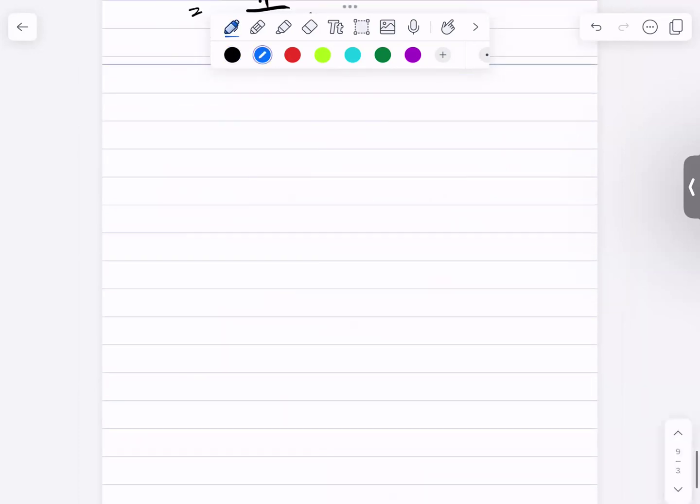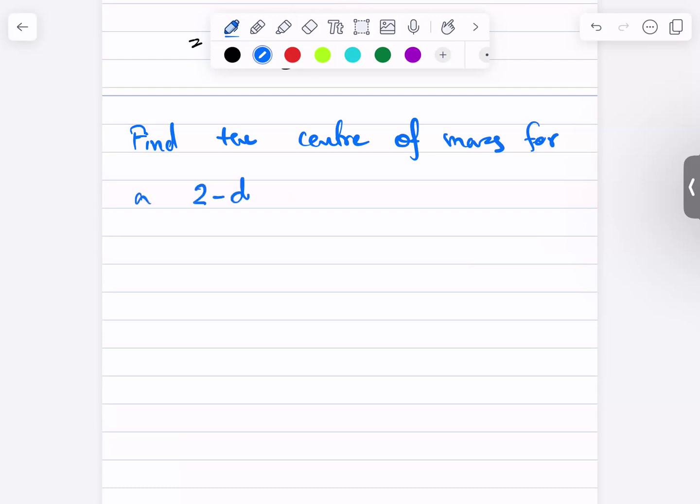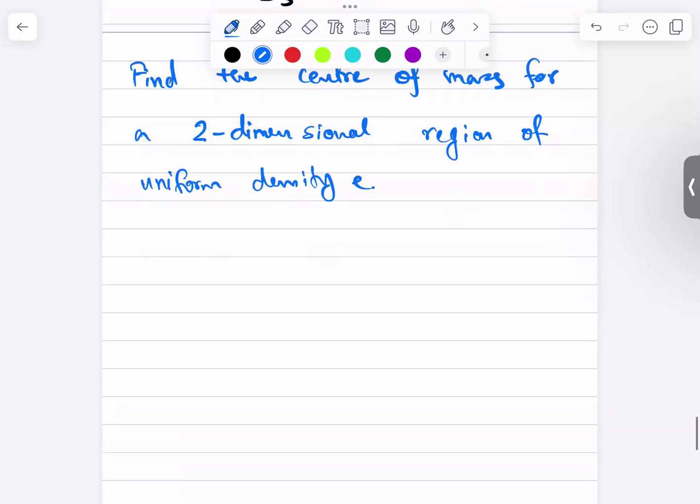Okay, now the last case is when you have something like this. Find the center of mass for a two-dimensional region of uniform density E. Okay, what does the picture look like?